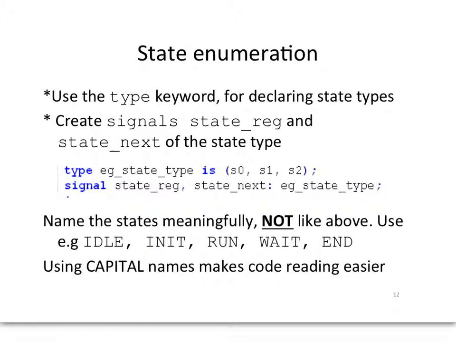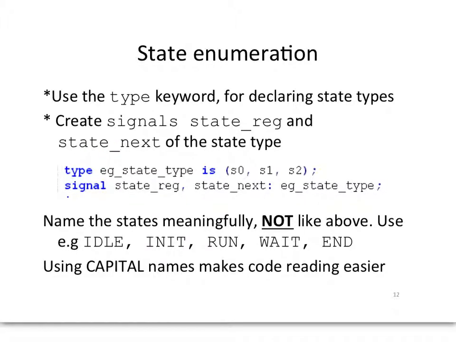So, a couple of words about state enumeration. State enumeration is basically just about creating your own type, similar to creating your own data type. We call them state types here. And typically you create two signals called state reg and state next, so they comply with the figure we know of the synchronous system.